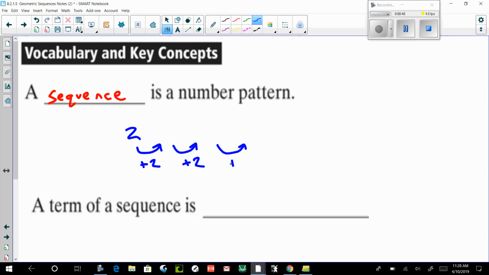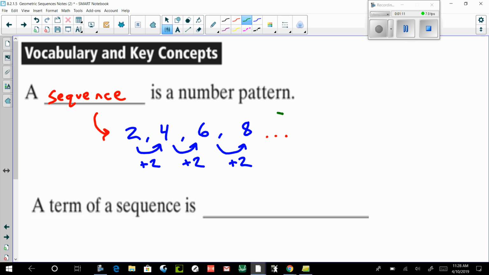This sequence I am forming right now would be considered an arithmetic sequence. We would have 2 and then 4 and then 6 and then 8. And we can see that adding 2 to each of these numbers would continue this pattern. So this is just one example of a sequence. A term of a sequence is one piece of the puzzle.